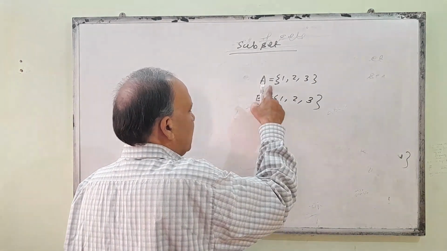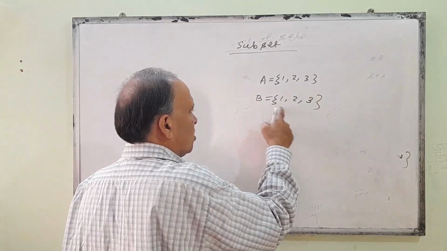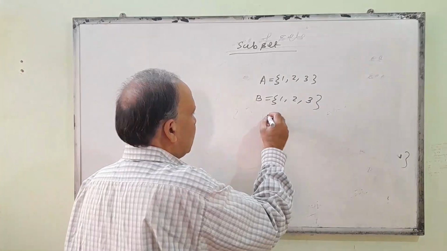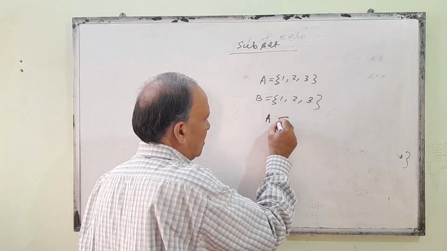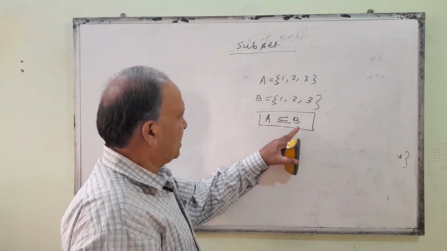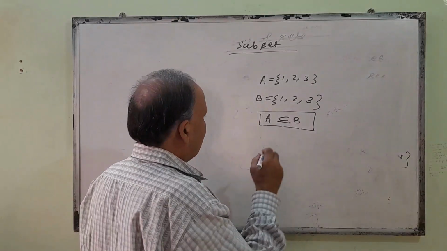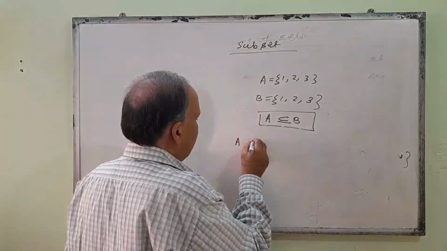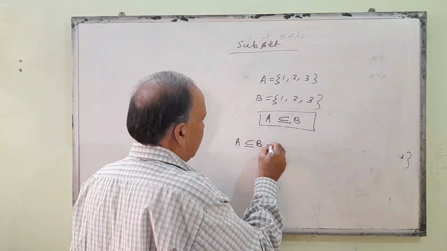So we can say every element of A is also an element of set B. We can say A is a subset of B. This is the symbol. A is a subset of B.